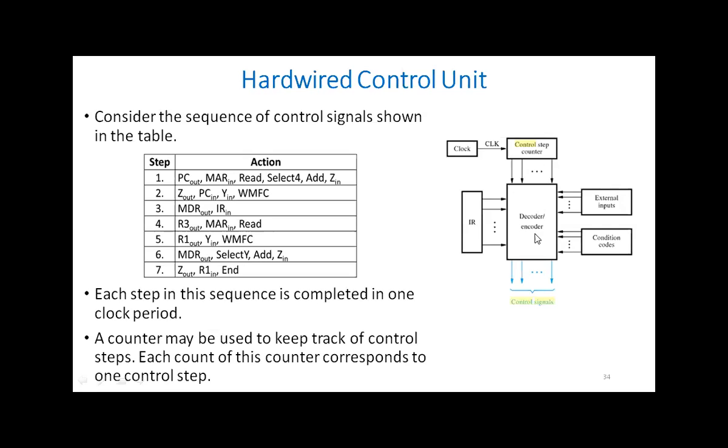We know there are different stages of instruction execution: instruction fetch, instruction decode, ALU operation, memory operation, and register write. All these are different stages of the instruction execution life cycle. The current stage is given by this control step counter.